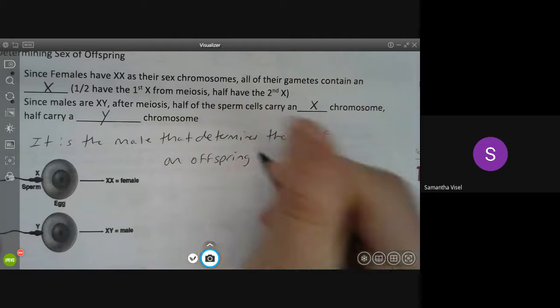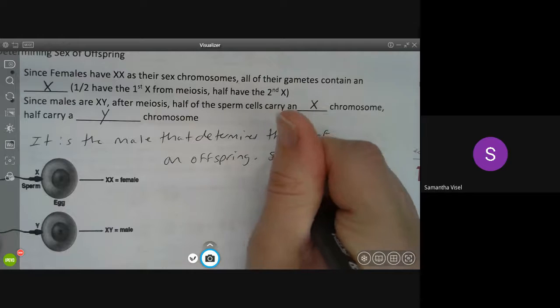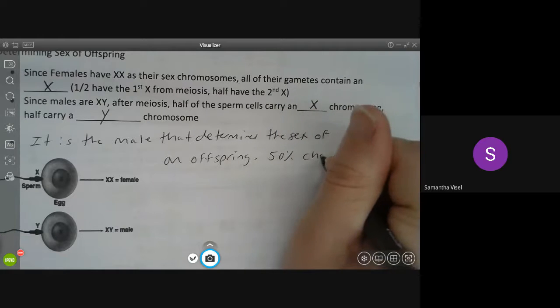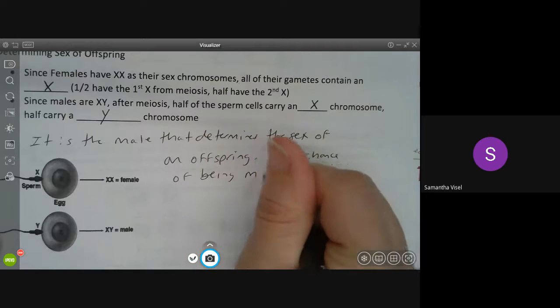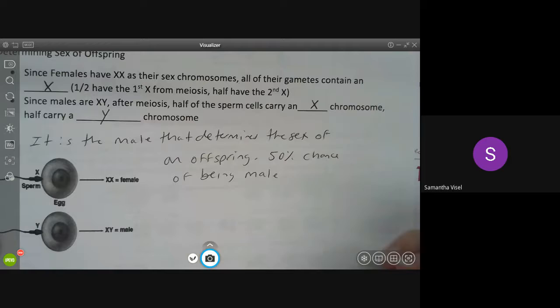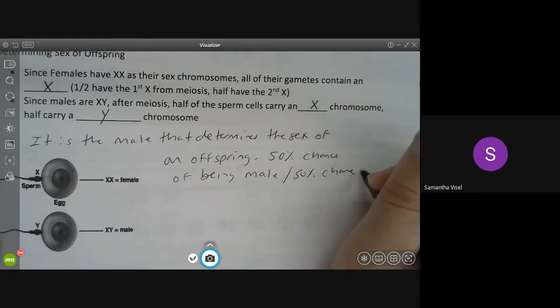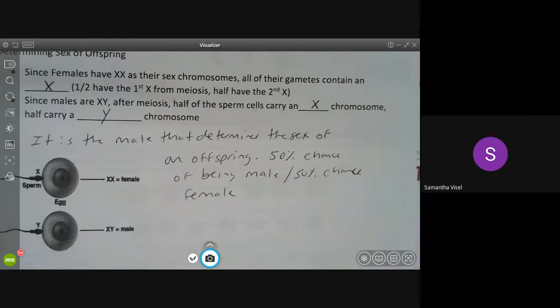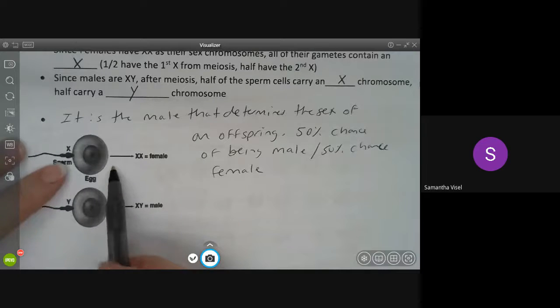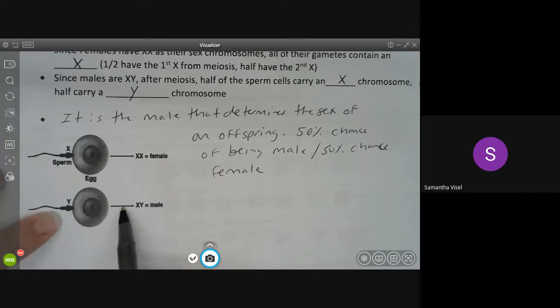So it's a male that determines the sex of a baby. And so that's why, too, you have a 50% chance of being of the male sex, and then 50% chance female. It's just the probability of, is it a sperm with an X, meaning the egg with an X, or is it a sperm with the Y, meaning an egg with an X?